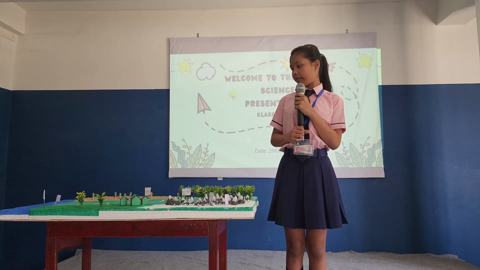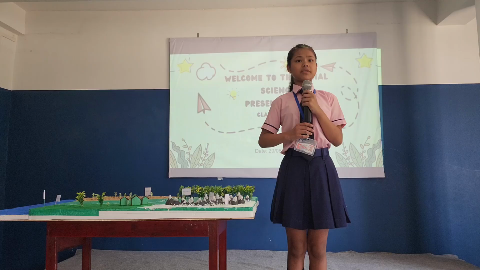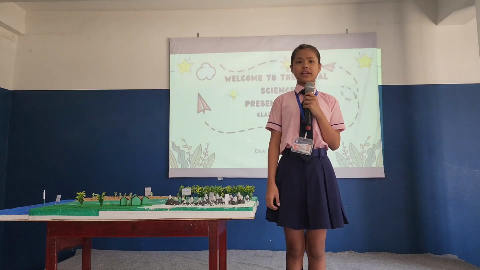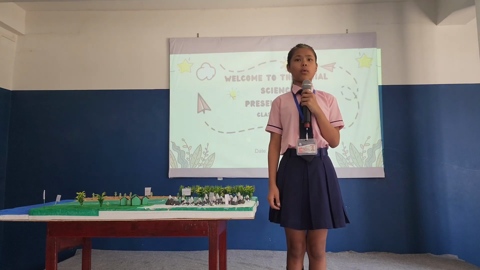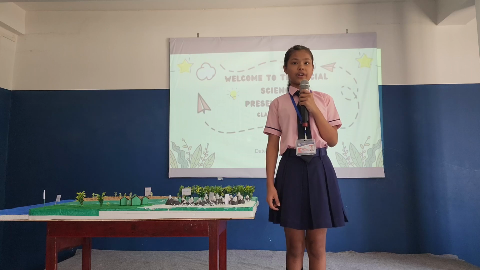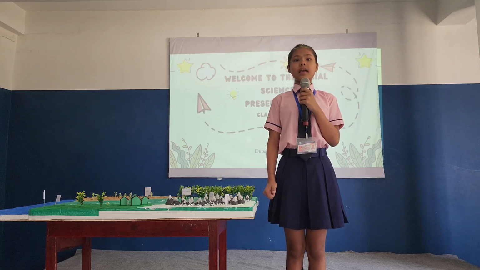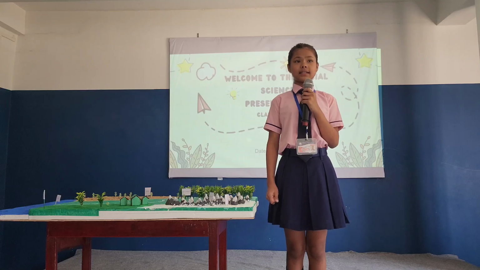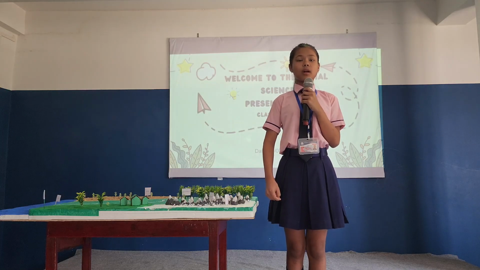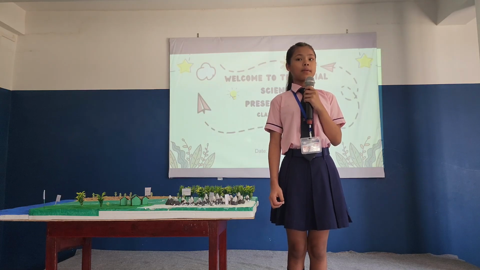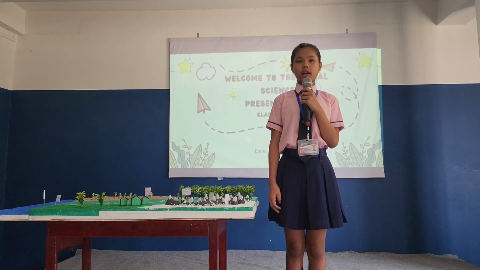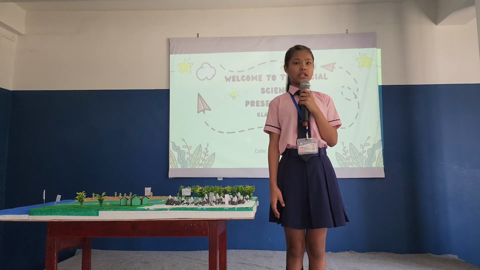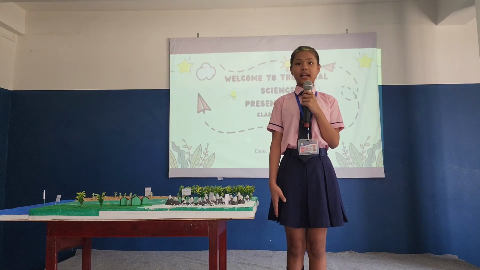Next, we have deserts. Deserts are very dry regions which receive a little rainfall or no rainfall throughout the whole year. They have very little vegetation because of scanty rainfall. Some of the plants which grow in deserts are kikar and cactus, which store water in themselves.